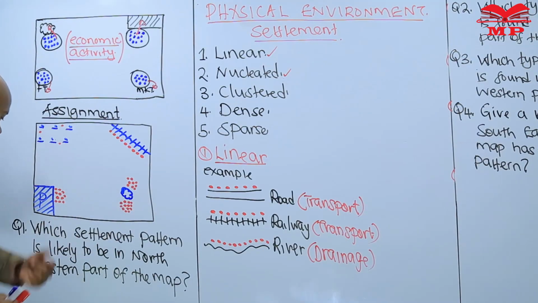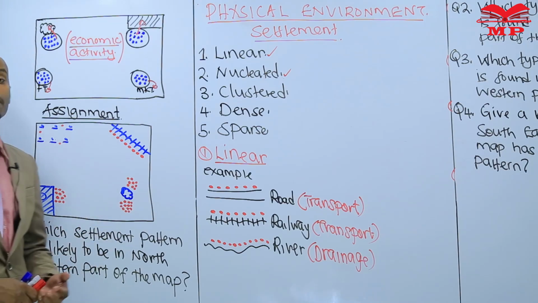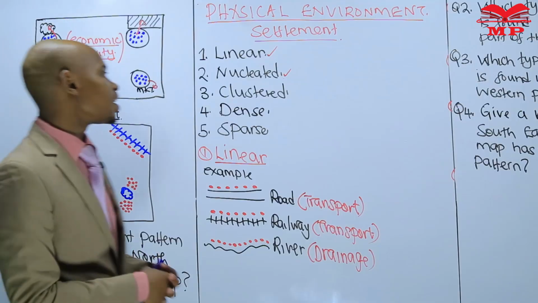Which settlement pattern is likely to be in the northwestern part of the map? And remember, when we have northwestern, southeastern, north, south, east, you have to use a compass. Please remember to draw a compass so that the compass guides you about where you're supposed to go. Use a compass, go to the northwestern part of the map, identify that settlement pattern.